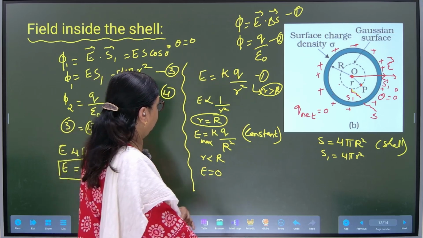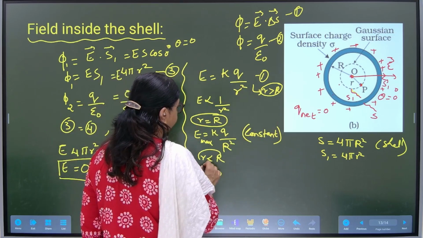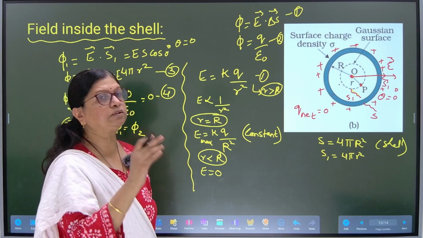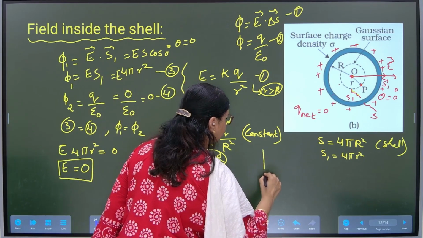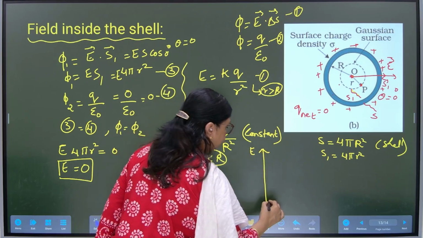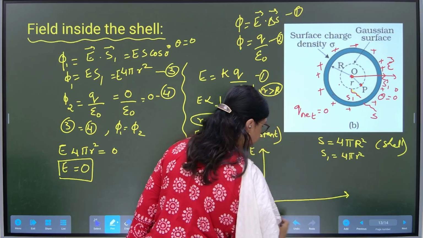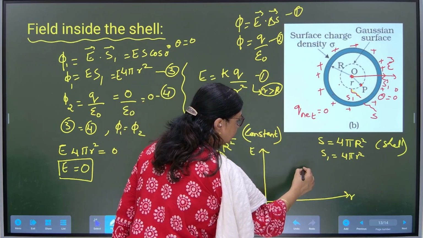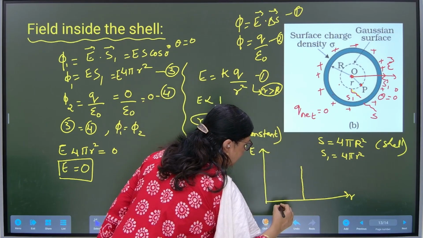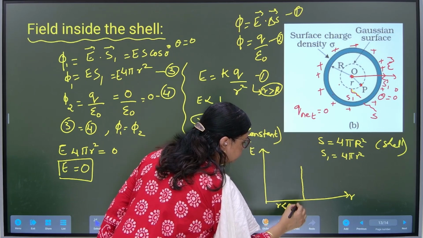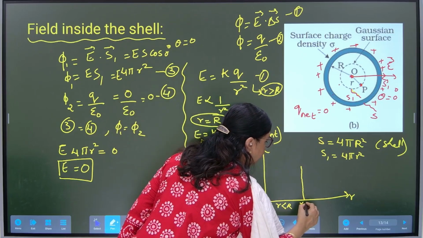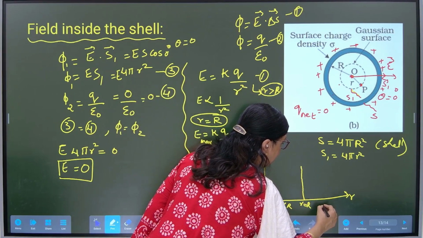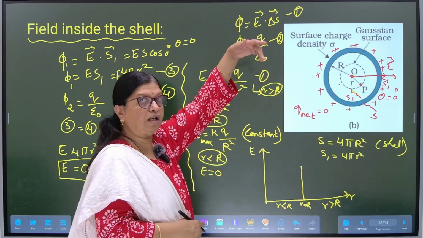Okay. So considering these three conditions, that is R greater than R, R equal to R, and R less than R, let us plot a graph between E and R. Let us divide the graph into three sections, where R is less than capital R, that means the point is inside the shell, R is equal to capital R, that is the point is on the surface of the shell, and R greater than capital R where the point is outside the shell.